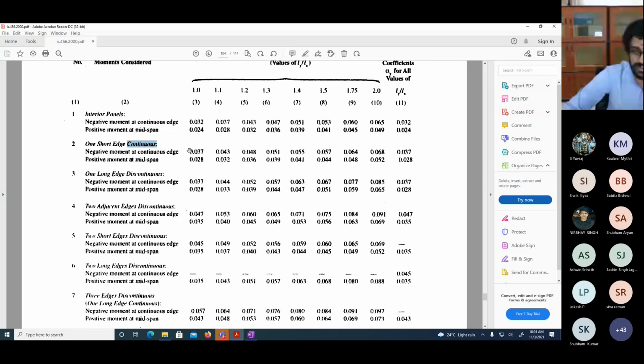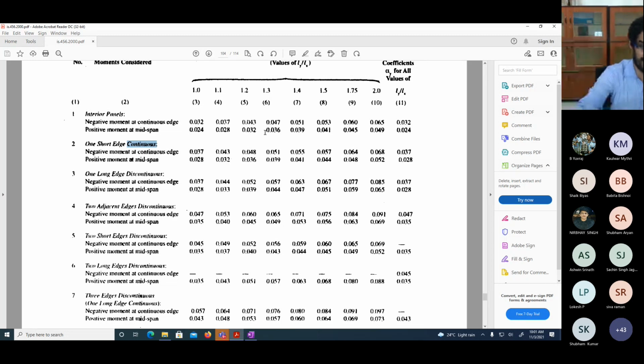The aspect ratio for S1 is 1.24. If you look over here, the Ly by Lx ratios are 1.2 and 1.3, so in between that you'll have to choose. You are allowed to interpolate, but if you do not want to interpolate and want to make an approximation, make it on the conservative side, meaning take the higher alpha.